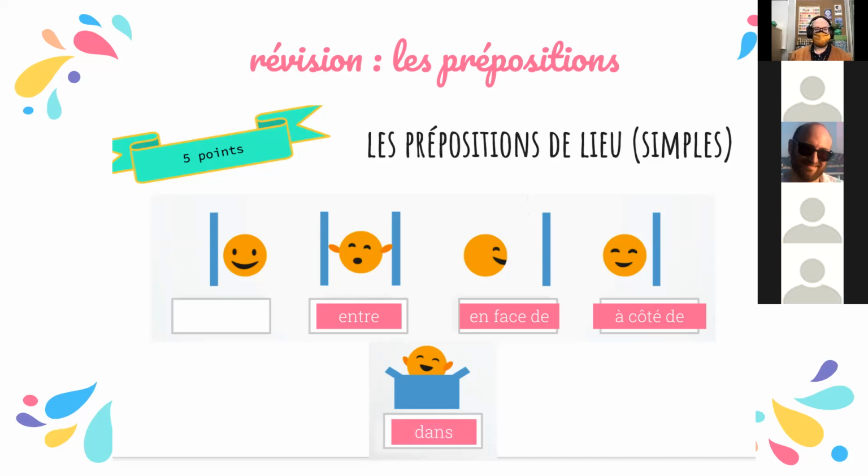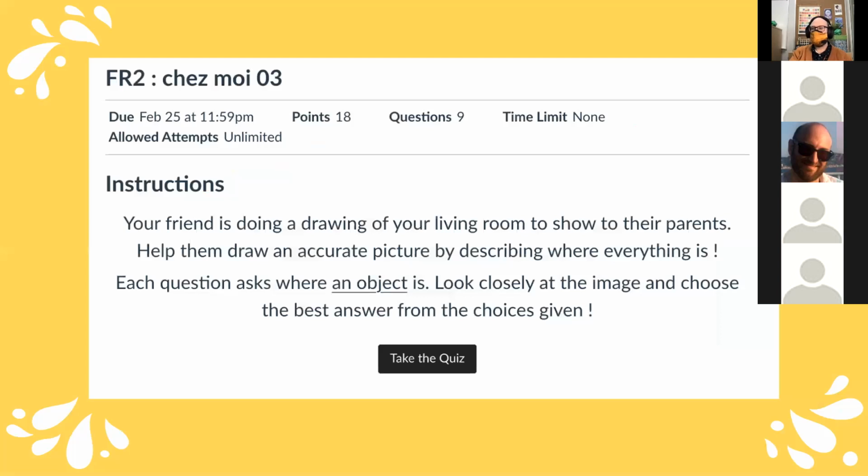Excellent. I hope those were all pretty familiar to you, and I hope that none of them came as a big surprise. So let's practice now. Let's go ahead and head over to Canvas and do Chez moi trois. Your friend is doing a drawing of your living room to show to your parents. Help them draw an accurate picture by describing where everything is. Basically, you're looking at a picture of un salon, and we're saying, okay, well, where is this?